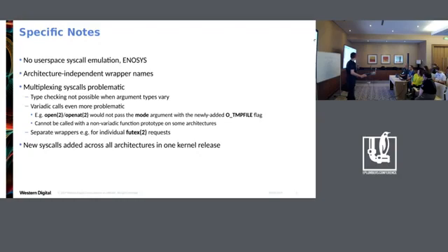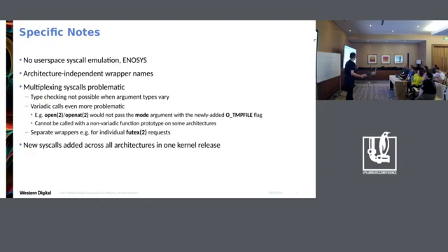So we're not going to handle multiplexing syscalls, and we can make exceptions for existing examples like futex, but in this case it would be by using individual wrappers for the individual requests.